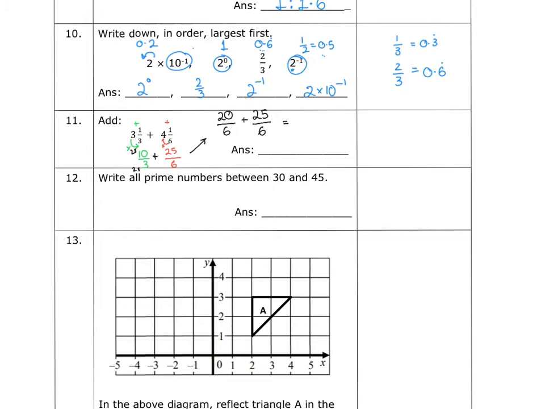25 plus 20, 45 on 6. Now, without the calculator, you can simplify if possible. In fact, this can be simplified by 3. 3 into 6 is a 2.